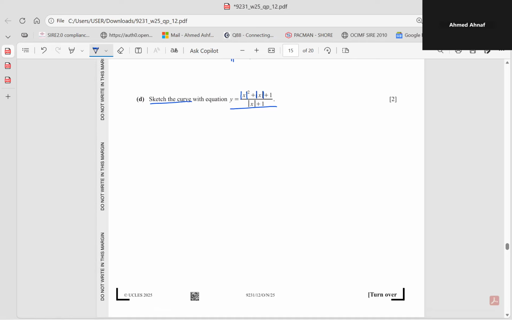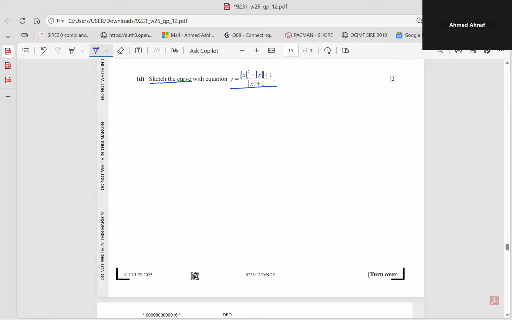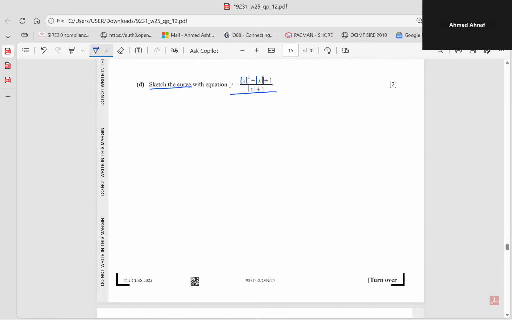So basically you just take everything to here and you reflect it on the opposite side along the y-axis. It's kind of like what you do with your modulus curves, when the whole equation is made into a modulus function, except that you reflect it over the y-axis. So let's do that.